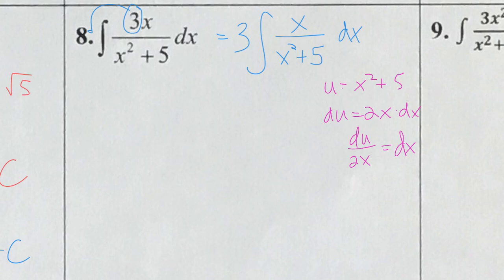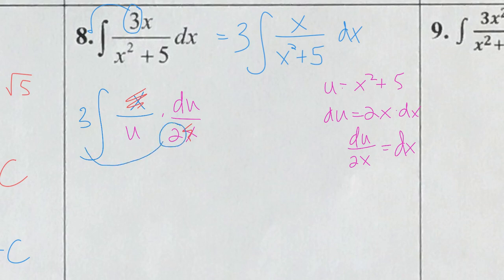So we're able to do our u substitution, and we replace all these things. So this is x over u times du over 2x. Then the x here and the x there cancel. Once again, we're going to bring this 2 in the denominator outside, also in the denominator.